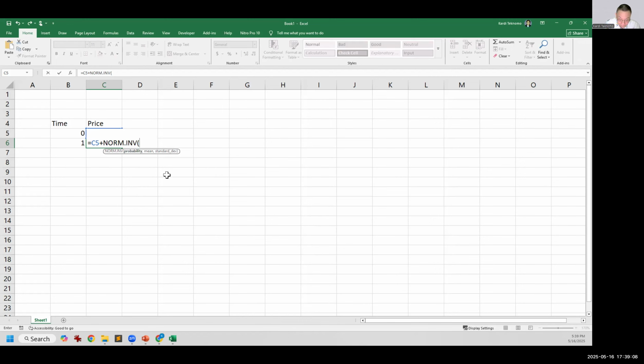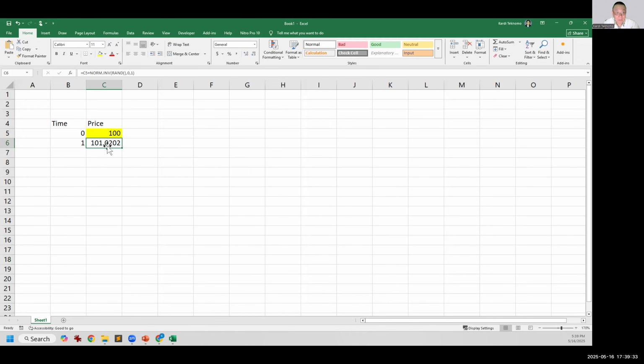Let's say the random value in terms of probability. And for the mean, you can put any number, so I put 0 and 1. It becomes Brownian motion.